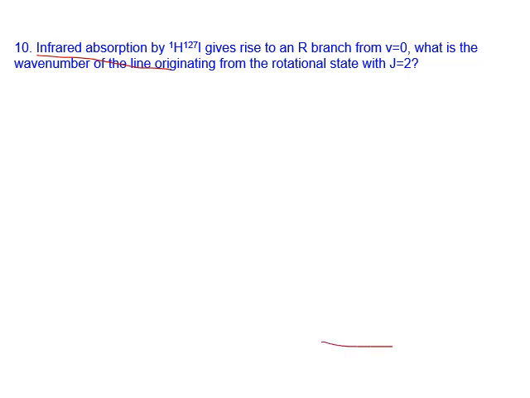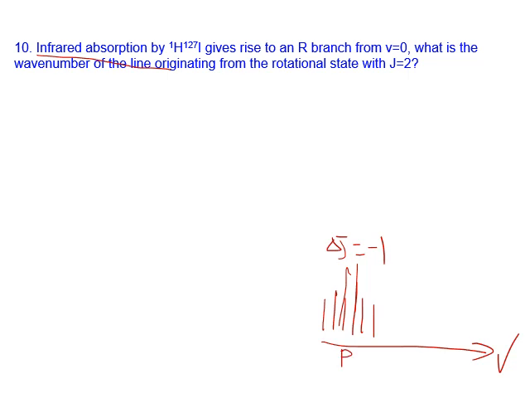This is the frequency, and you will see many peaks first due to delta J equals -1. That's called the P branch. Then you will see a bunch of other peaks, and this is delta J equals +1, and that's the R branch.